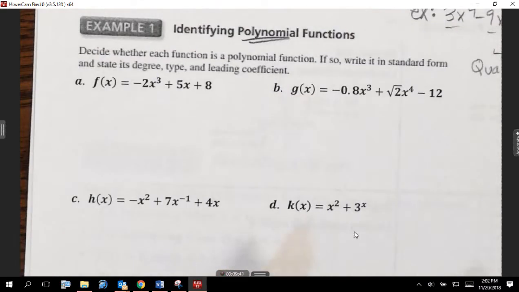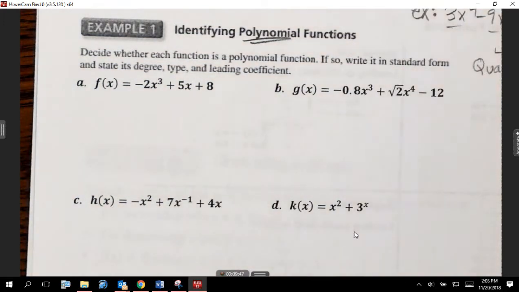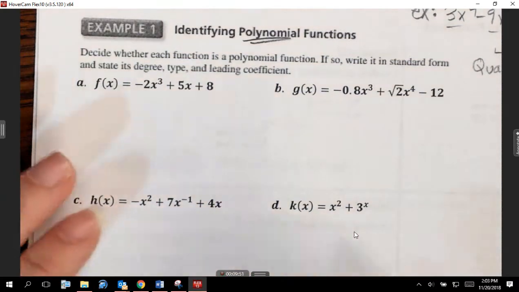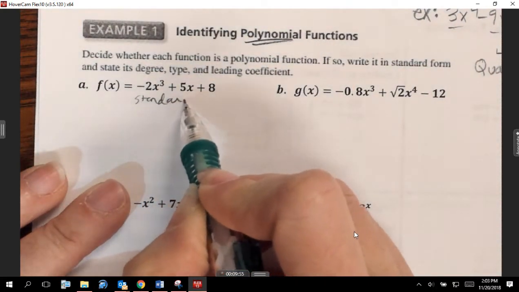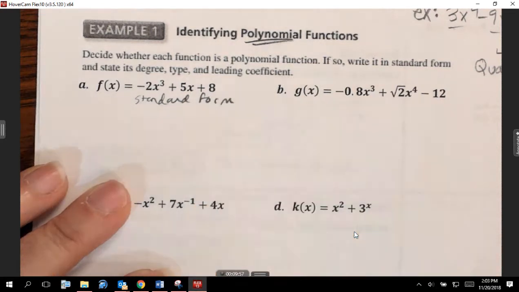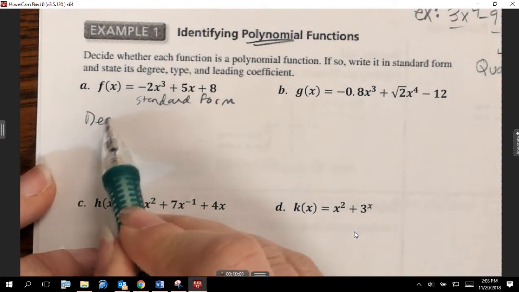Okay? So looking down here, we've got the very first example. We're going to see if this is in standard form, which means the x's go in descending powers, from top to bottom, from highest to lowest. So it's true in this first one. Yep, so standard form. It's already done, so we don't have to rewrite it. What is the degree?